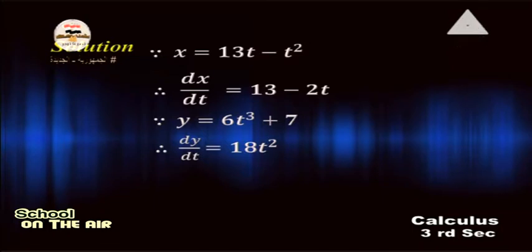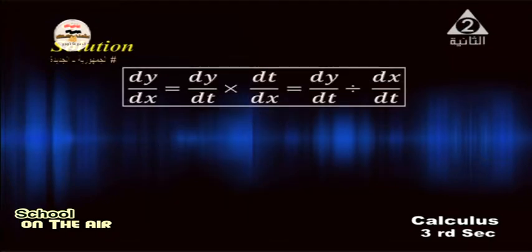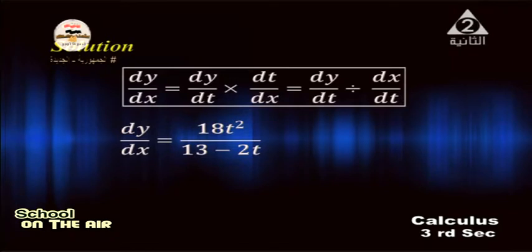Then dy/dt equals 18t². Now dy/dx equals dy/dt multiplied by dt/dx, the chain rule, or equals dy/dt divided by dx/dt, which is parametric differentiation. Now dy/dx equals 18t² divided by 13 minus 2t.